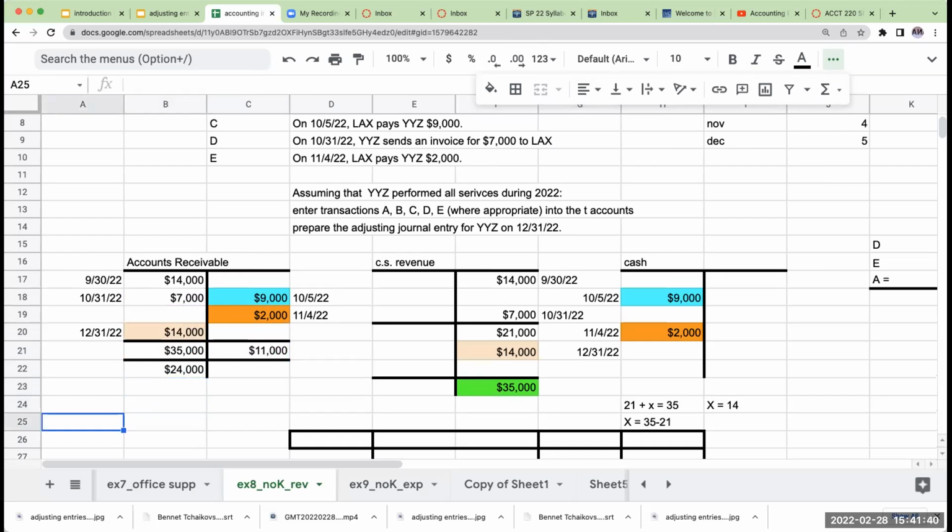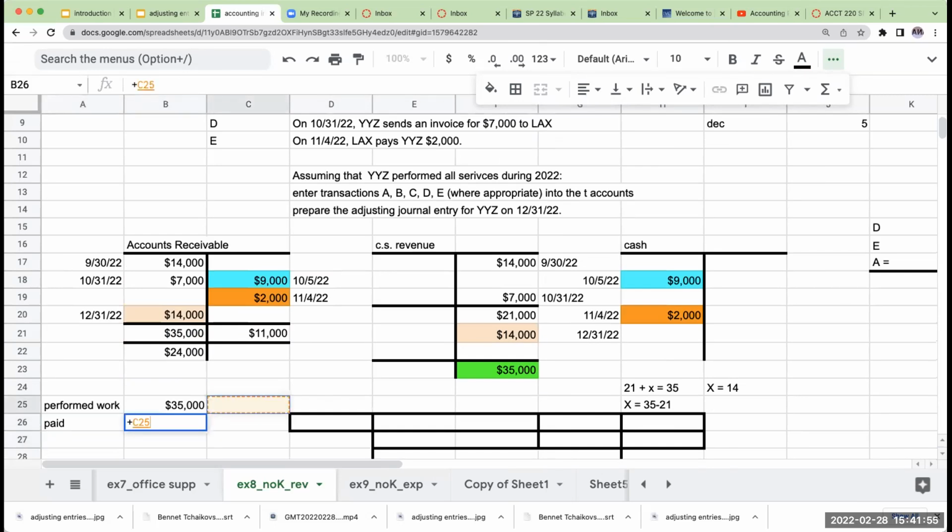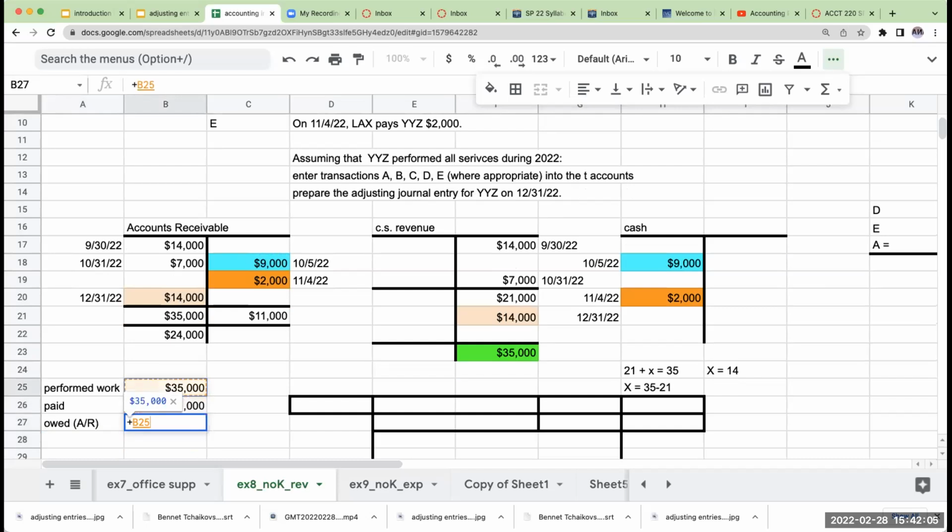Well, let's think about it. We performed work totaling $35,000, 5 months at $7,000 per month. I was paid a total of $11,000, or $9,000 on October 5th and $2,000 on November 4th. So the amount I'm owed, or the accounts receivable, is going to be 35 minus 11, or 24.